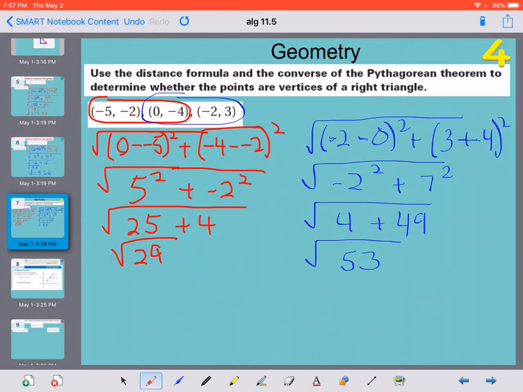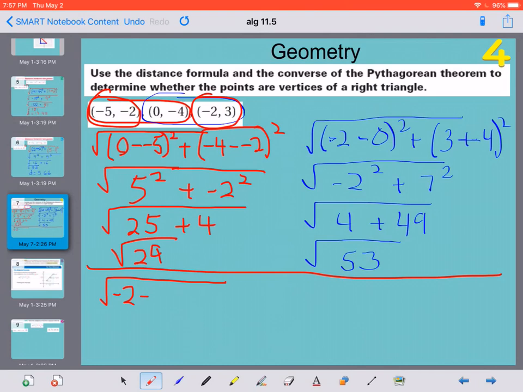Then we have to find our last one, the distance between (negative 5, negative 2) and (negative 2, 3). Our x2 is negative 2 minus a negative 5, squared, plus 3 minus a negative 2, squared.